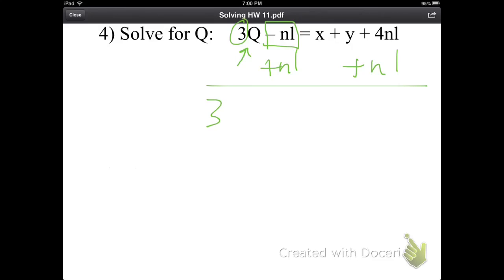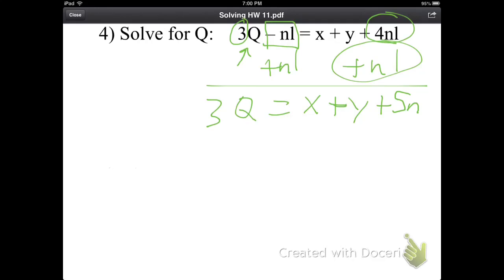On the left side, I now have just 3q. On the right, I have x plus y plus... how many NLs do I have now? Here I have 4. I'm adding 1, so I'm getting 5 NL. You can only combine things if they have the same variables. Since this one had NL and this one had NL, you can add those.